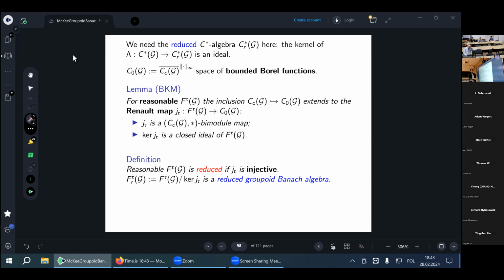And we can always reduce a Banach algebra by taking the quotient by the kernel of this map. And it's possible to prove that once we do this, we get a reduced algebra.